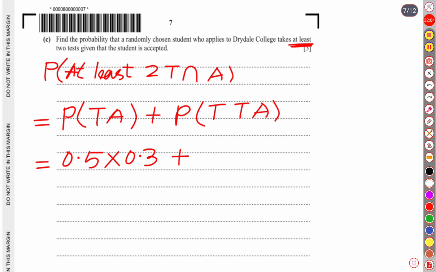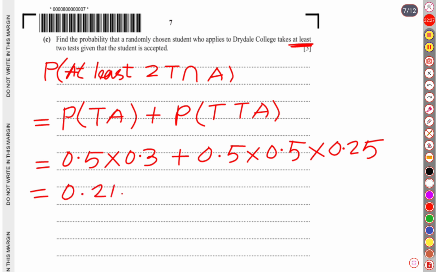Then for the first chance the probability is 0.5, and for the second chance also the probability is 0.5, and finally for acceptance the probability was 0.25. So what is it going to be if we sum up? It is going to be 0.2125.